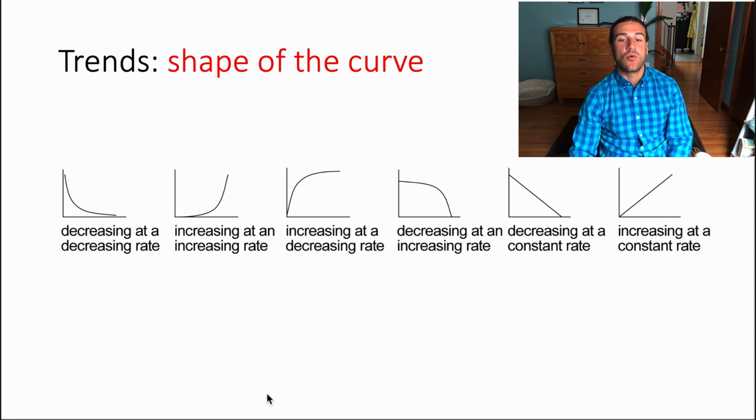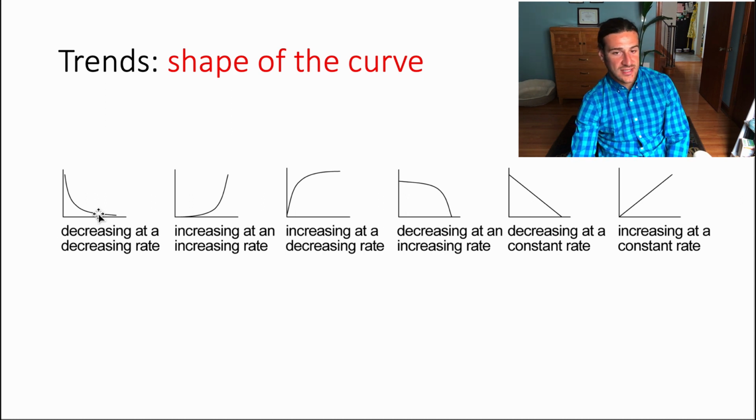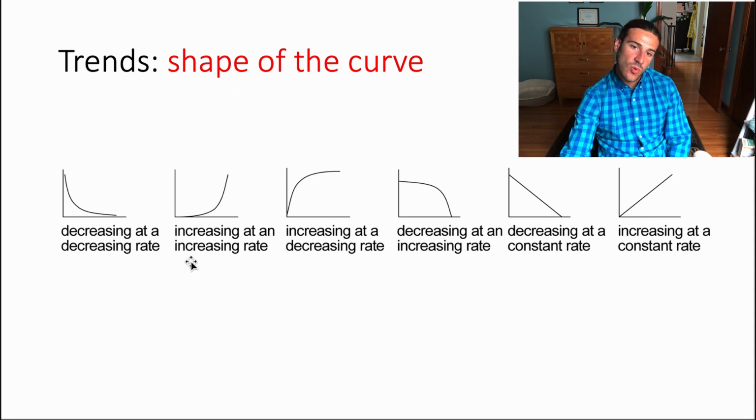So this is a negative, this is a positive, this is a positive, this is a negative, this is a negative, this is a positive, right? Is the y-axis going up with the x-axis, or is it going down with the x-axis? So you should know the general slope, and additionally you should know these specific shapes of the curve, right?